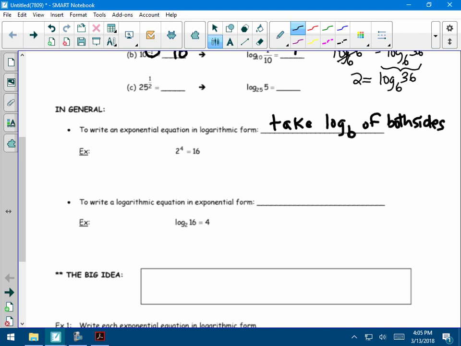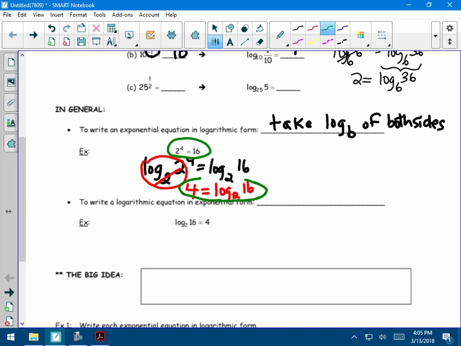So if I have 2 to the 4 equals 16, to change that into logarithmic form, I would do log base 2, because that's the base I've got here, of the left-hand side, and log base 2 of the right-hand side. All of this part cancels, and what you end up with is just plain old 4, and on the right, log base 2 of 16. So something to keep in mind, this equation and this equation both mean the same thing.